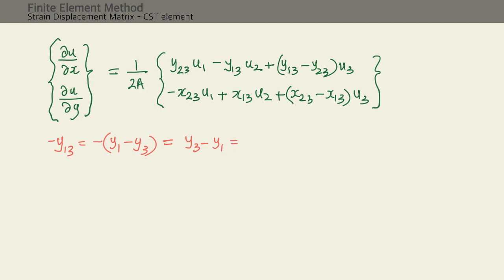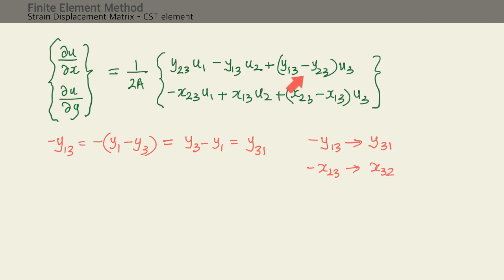Or this is simply, if you follow the notation, y31. So negative y13 is y31, and here there is also one more negative term, minus x23. So minus x23 should be equal to x32.